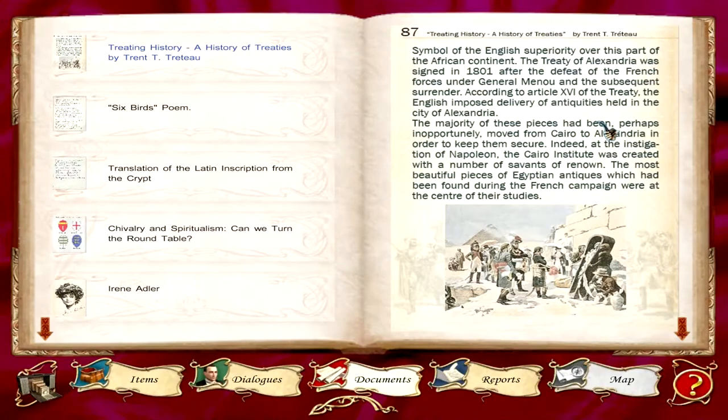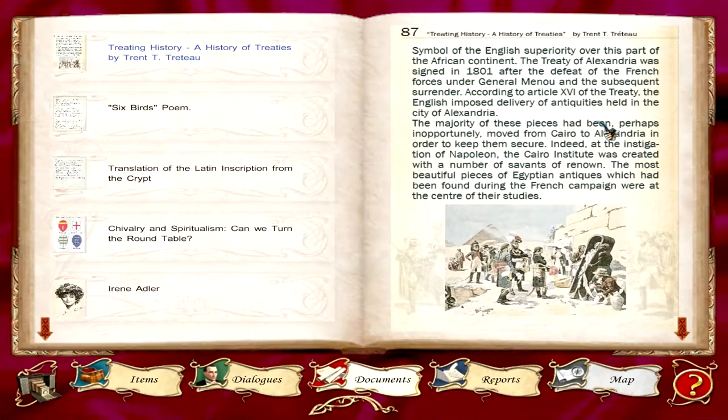The Treaty History, A History of Treaties by Trent T. Trito, a symbol of the English superiority over this part of the African continent. The Treaty of Alexandria was signed in 1801 after the defeats of the French forces under General Monod and the subsequent surrender. According to Article 16 of the treaty, the English imposed delivery of antiquities held in the city of Alexandria.